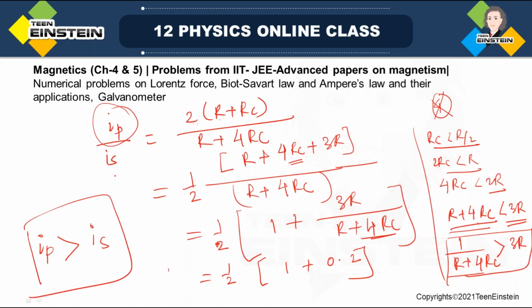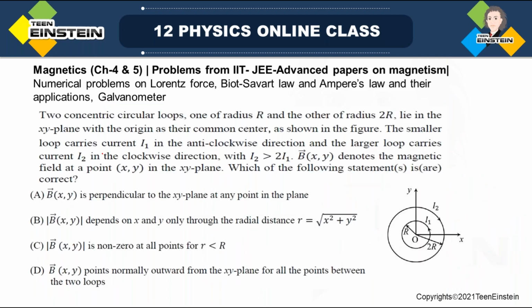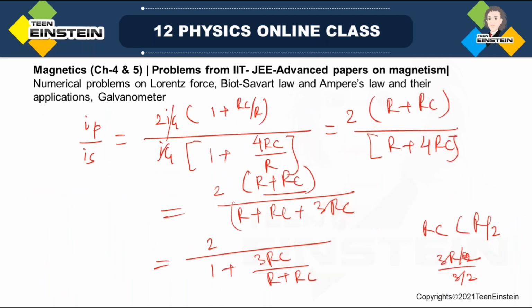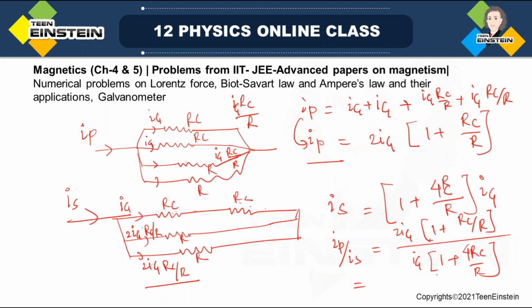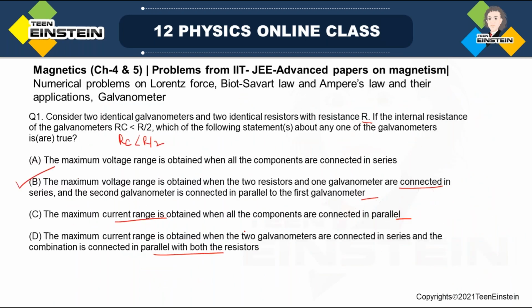Okay, so this is a very nice question, and you look at the answer. B and C is actually in parallel. When all the components are in parallel, we have seen parallel current range is maximum, compared to this. So these two options are correct.